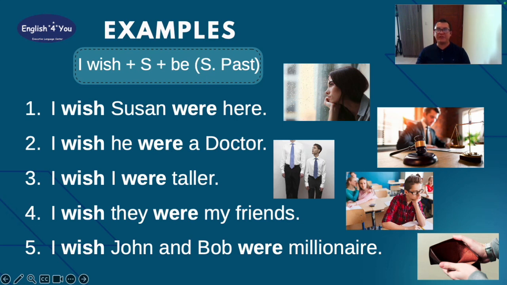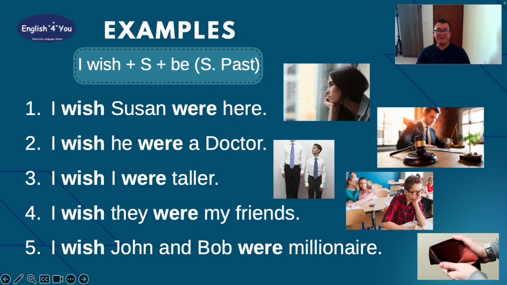Let's move on to sentence number 4 and repeat after me. I wish they were my friends. I wish they were my friends. Oh, look at the picture. Look at this poor guy. These two girls are friends, but they're not friends with him. So he's pretty lonely.